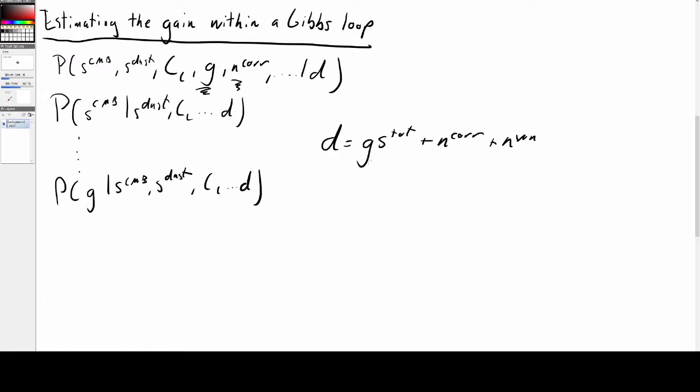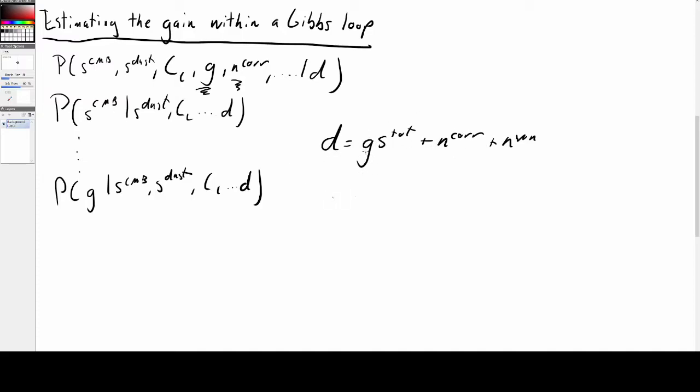And the point now is that even with all our tricks, for example, considering only slowly varying gains, using the dipoles for calibration and so on, there is still a degeneracy between the gain and the correlated noise.